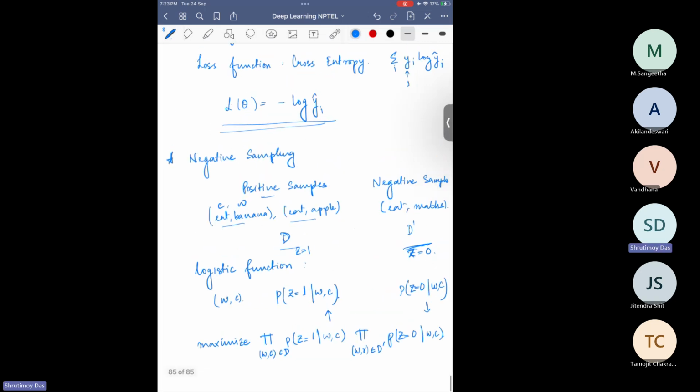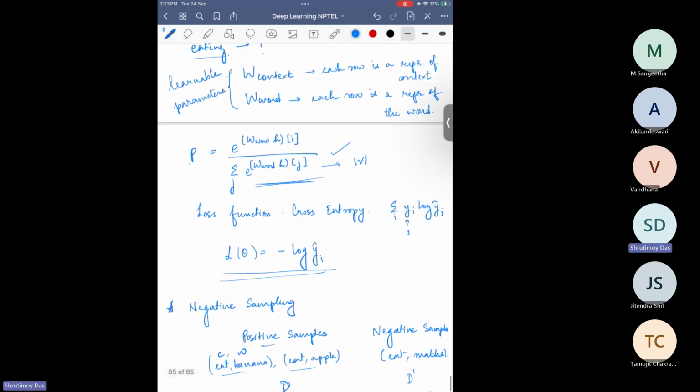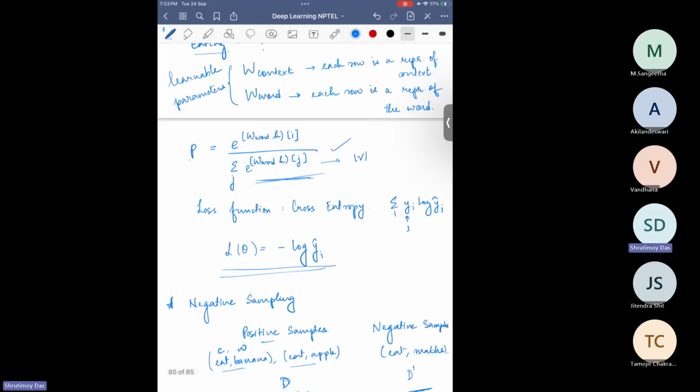So why is this fast? Because each of these probabilities requires only computing the logistic function, which is basically 1 over 1 plus e to the power minus w transpose c, and you just have to take a product of this. Instead, you would have to compute w into h of each j and then take the sum.